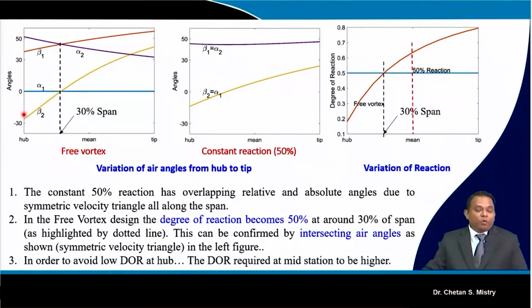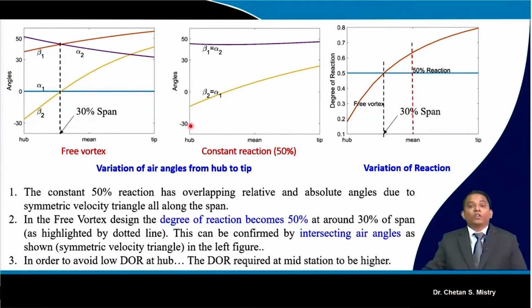Here, if you look at my delta beta for the free vortex concept, we have discussed that it will be large. The variation of my delta beta from hub to tip is coming larger, which gives a highly twisted blade. Remember, this is interpolation at three particular stations: hub, mid and tip section.